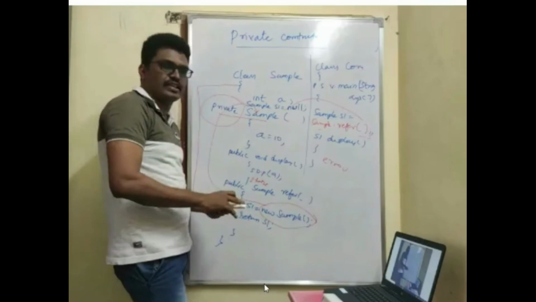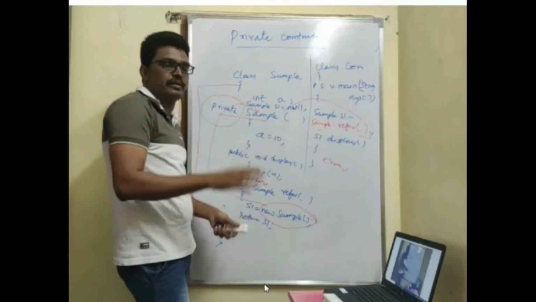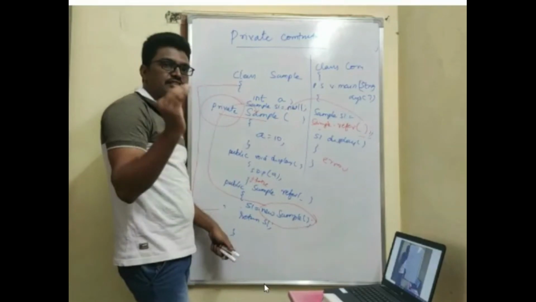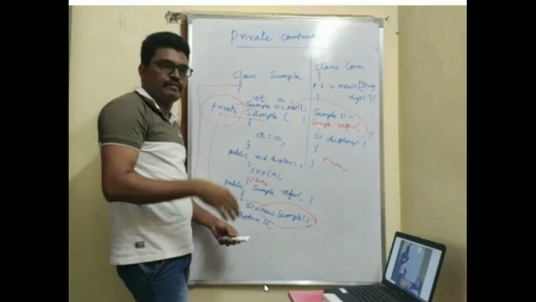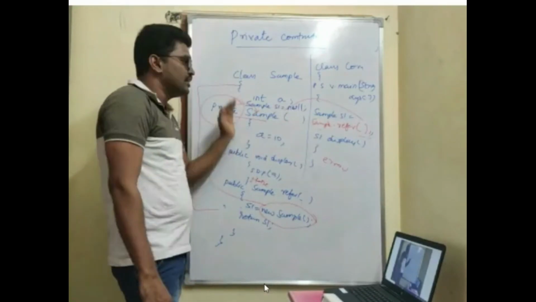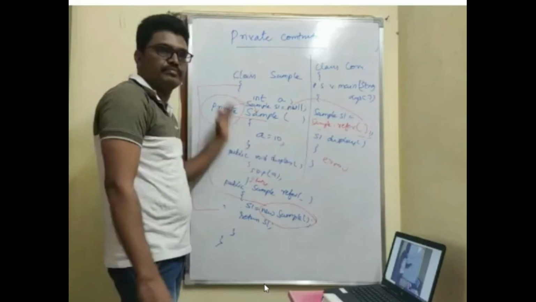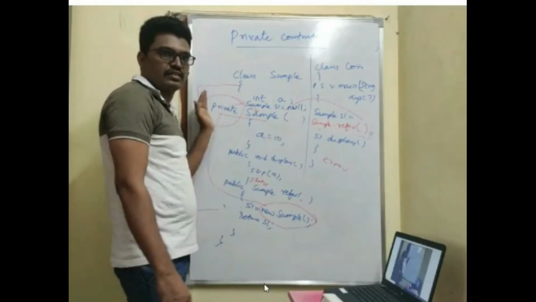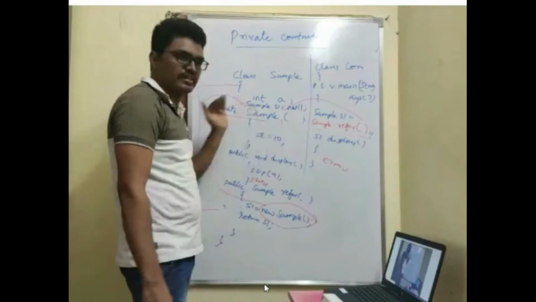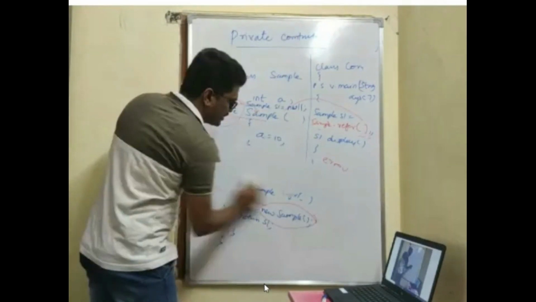Since you belong to the EC department, you need not worry much about this; that much is not needed. But remember that a constructor can be private. Whenever you have a private constructor, your class cannot directly access that constructor, so we use that constructor through another method.